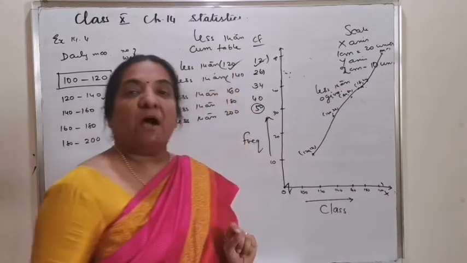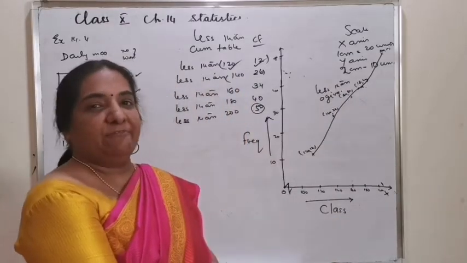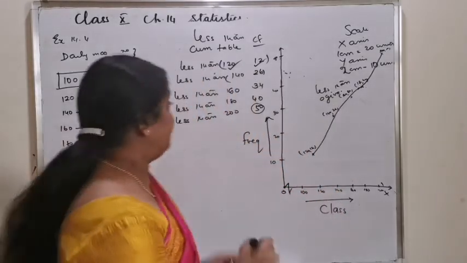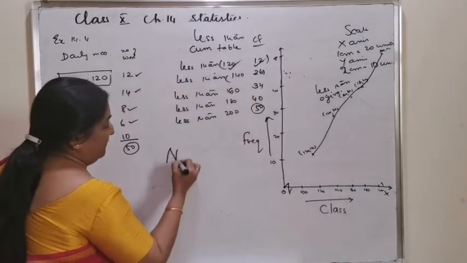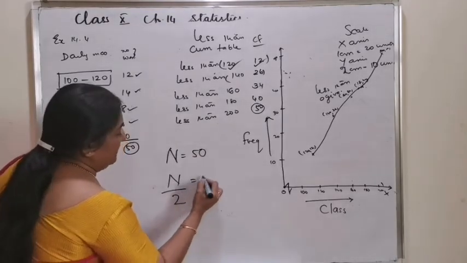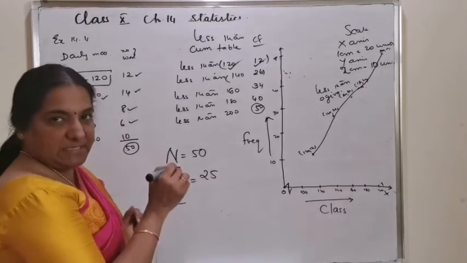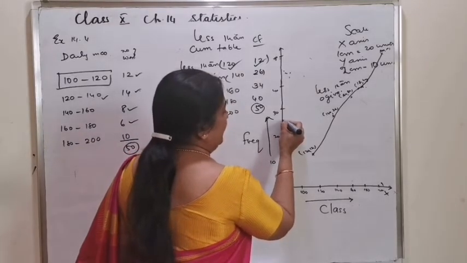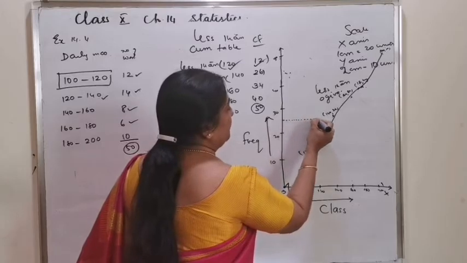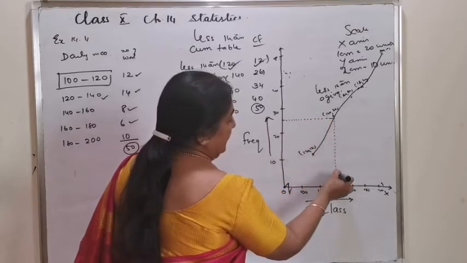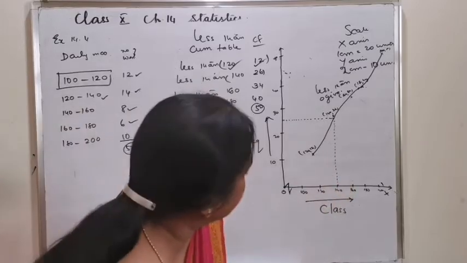Now, how to find the median from this graph: the total frequency is 50. You calculate n by 2, 50 by 2, which is 25. From the y-axis at 25, you draw the perpendicular, and then drop it down to the x-axis.